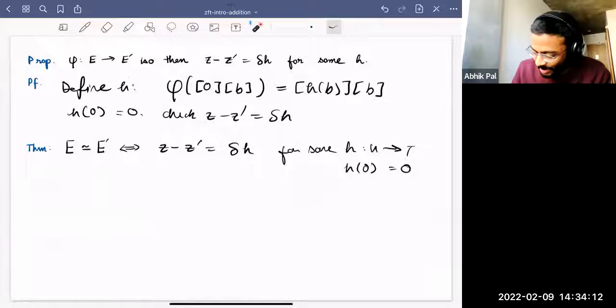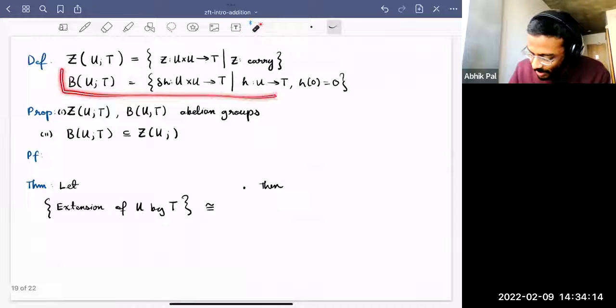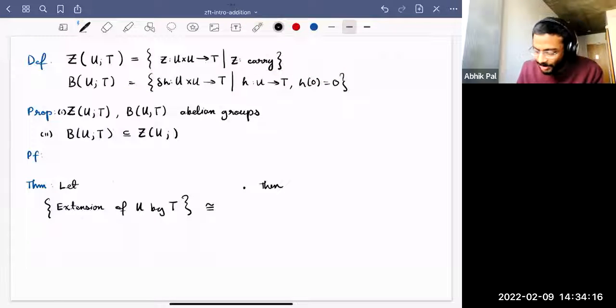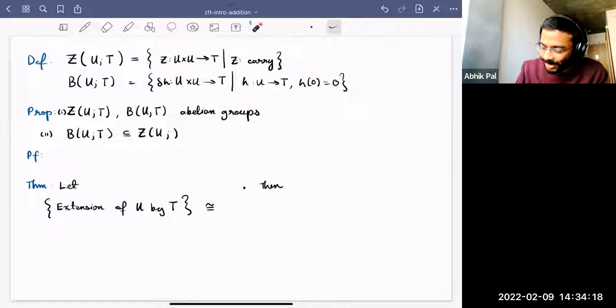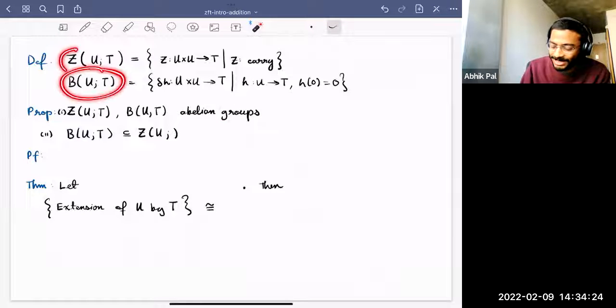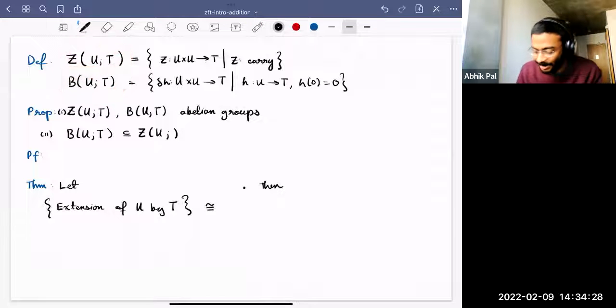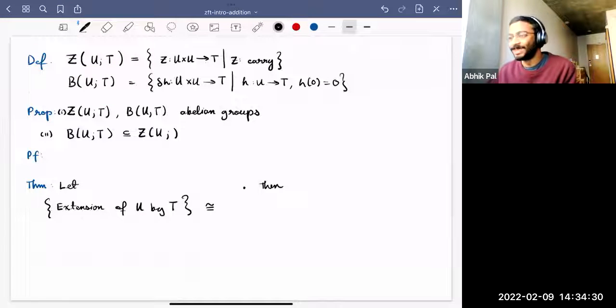So this is my set B. The first observation is that these two things are in fact abelian groups. And the second observation is that B actually sits inside the group of carries. The proof for this is not too bad.